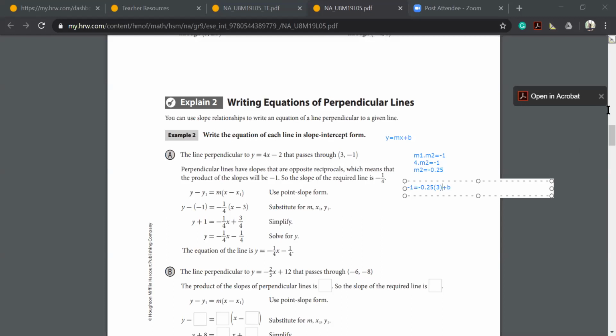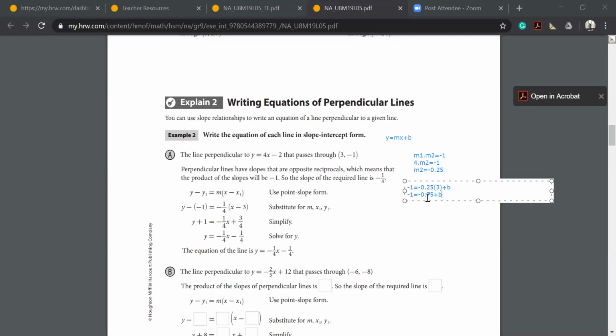Okay. -0.25 multiplied by 3. Let's find the answer. It's -0.75. So here, -1 became equal to -0.75 plus b. How can I find b?